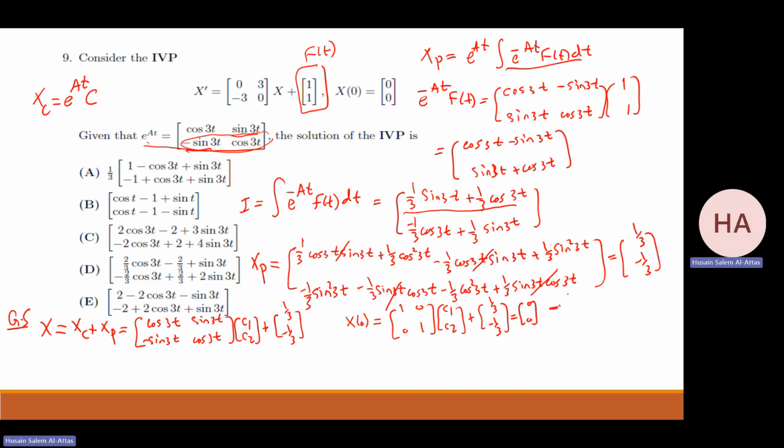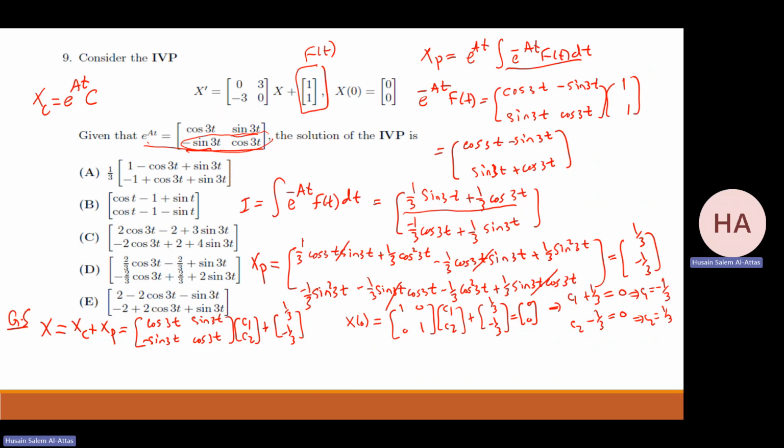So I'm getting what? I'm getting C1 plus 1 over 3 equals 0, and C2 minus 1 over 3 is equal to 0. So C1 is minus 1 over 3 and C2 is 1 over 3.